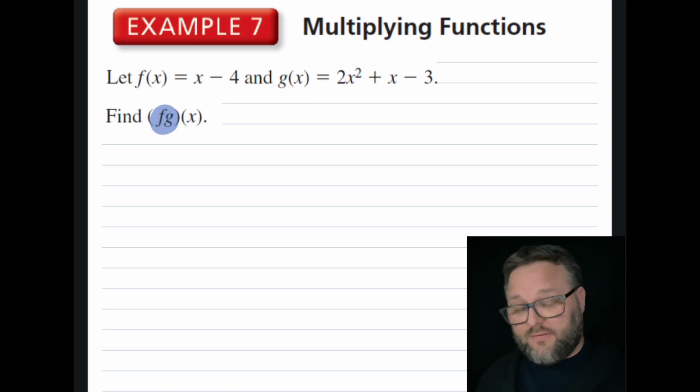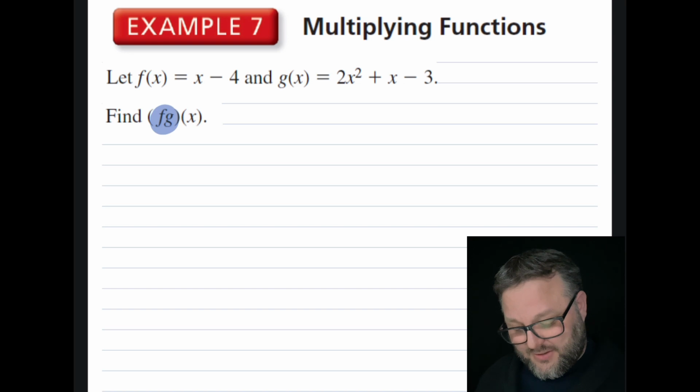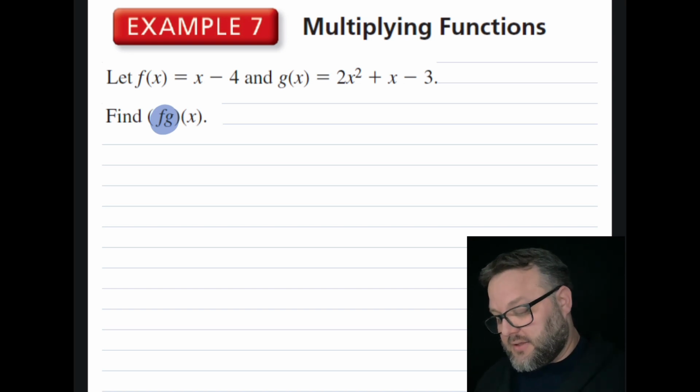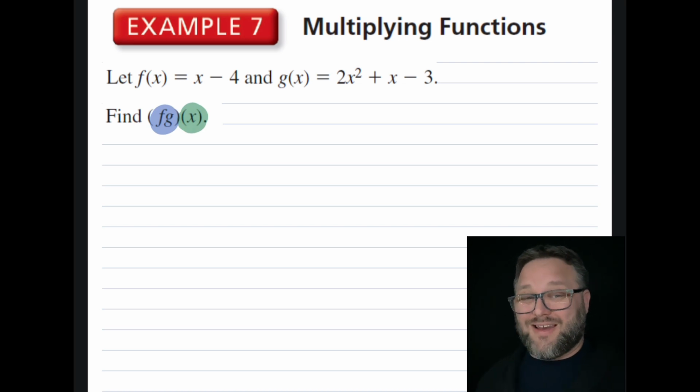Here we have f and g sitting right next to each other, so that tells us to multiply. What tells us to use the functions is the x inside of the parentheses right next to that f and g.